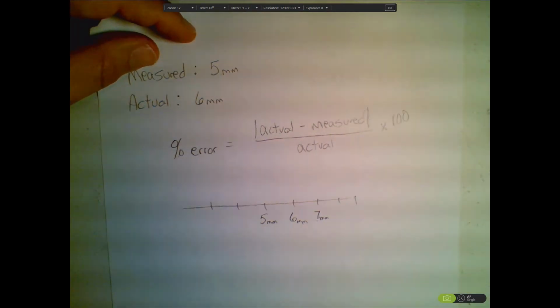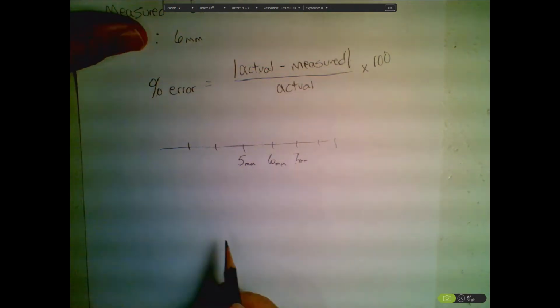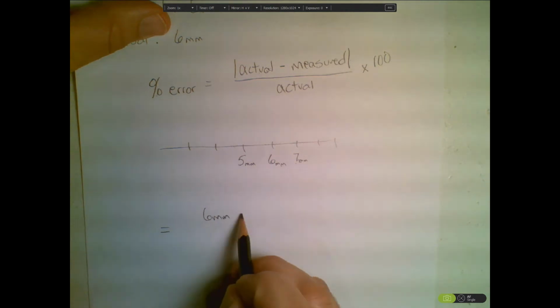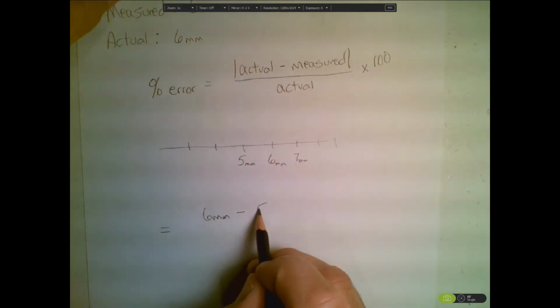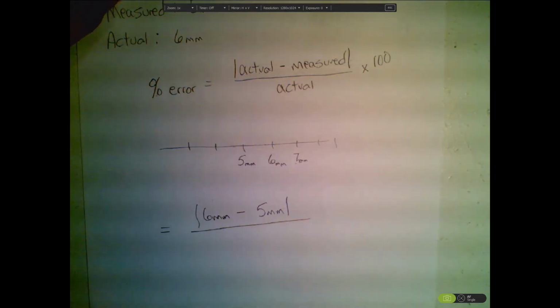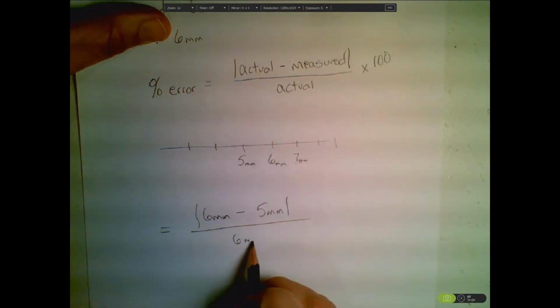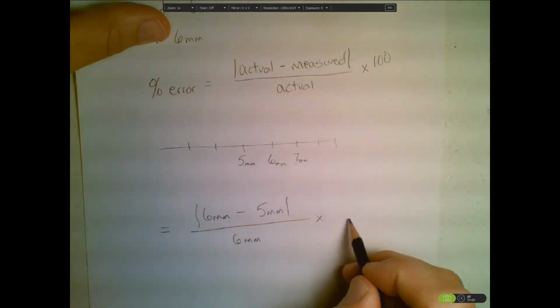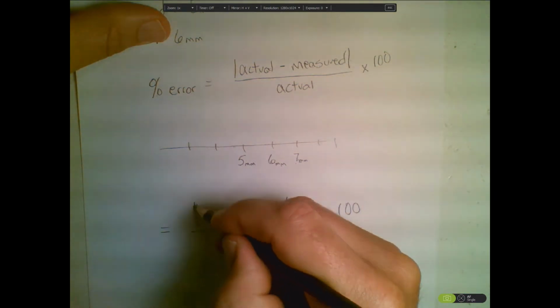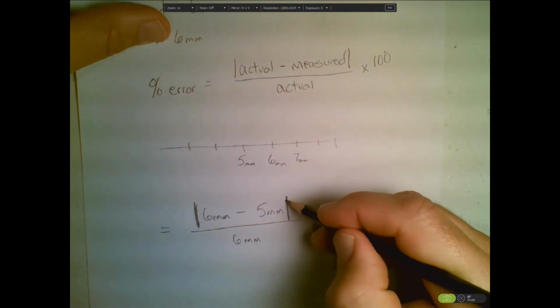So in this example, let me plug in my numbers. Actual 6 millimeters minus the measured of 5 millimeters, again absolute value, divided by my actual of 6 millimeters times my 100. Now with absolute value here, treat those like parentheses.